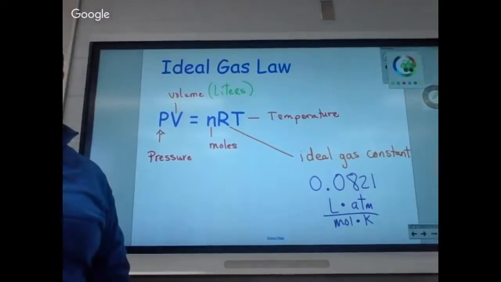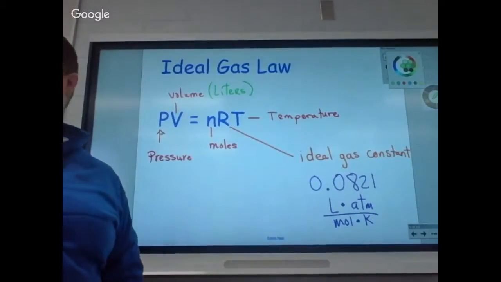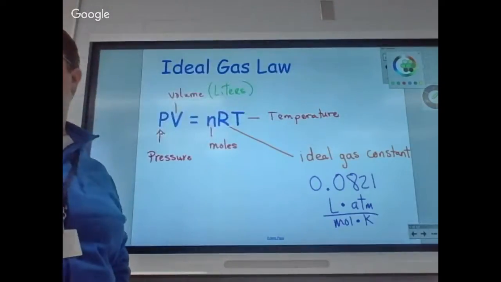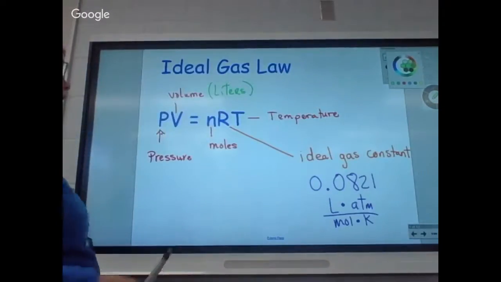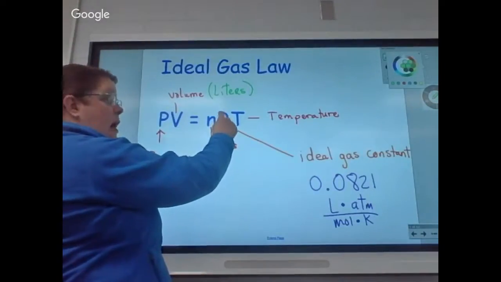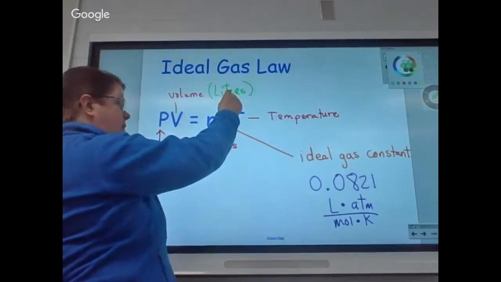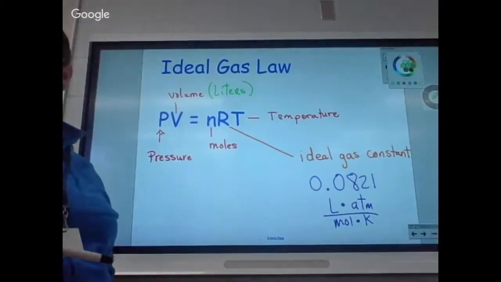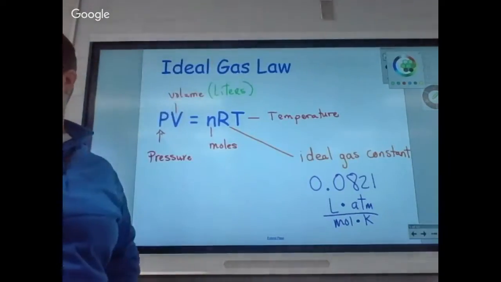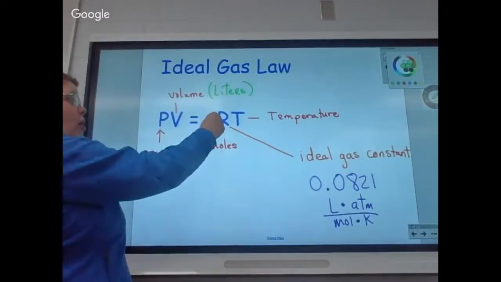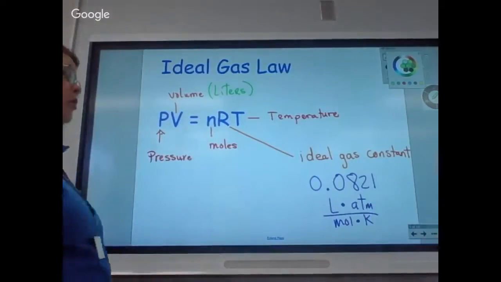Did everybody hear me say that? Okay. Did I just say that the questions you did on that quiz now have to be in liters? No. If you use a formula that has R in it, it has to be in what? Liters. If it doesn't have R, does it have to be in liters? No. Did those formulas on the quiz I just took up have an R in it? They don't have to be in liters. But any formula that has R has to be in liters.